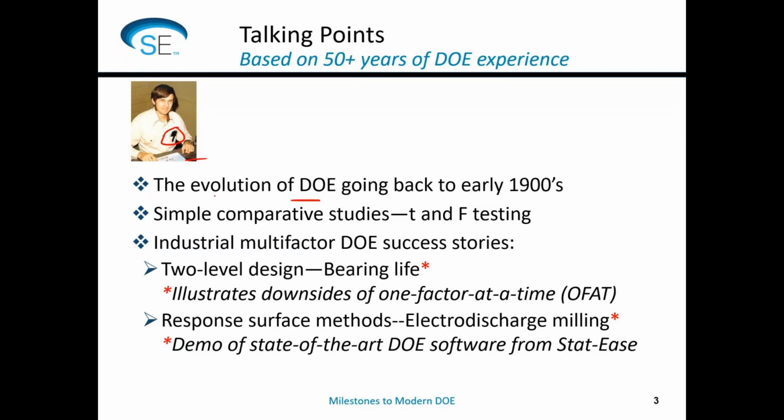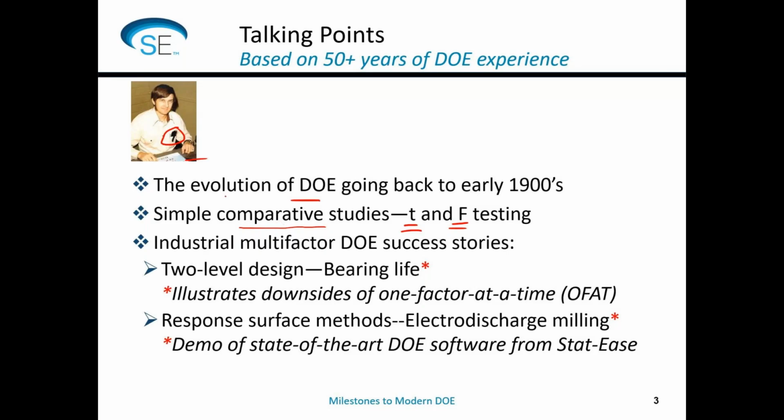In this presentation, it's a retrospective. It's based on my experience going back 50 years, but going back another 50 some years is where it all starts. And I want to talk a little bit about how it began with simple comparative studies by use of the t-test, which was developed by William Sealy Gosset, aka Student, and then the F-testing for comparing more than two things that Ronald Fisher developed and hence became known as F-testing after Ronald Fisher.